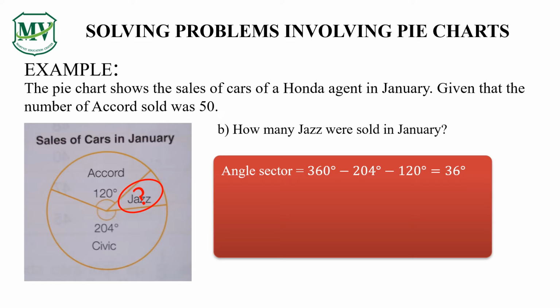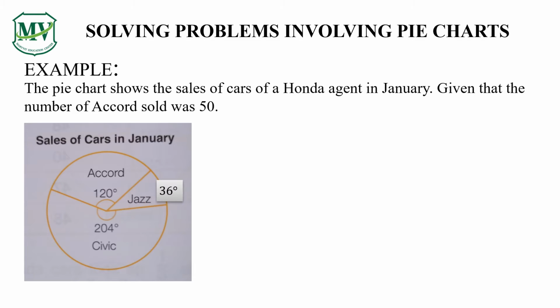And to find the number of Jazz sold in January, just divide 36 degrees by 360 degrees and multiply by 150, which is the total number of cars. 36 degrees divided by 360 degrees times 150 is equal to 15. So the total number of Jazz sold in January was 15 cars.